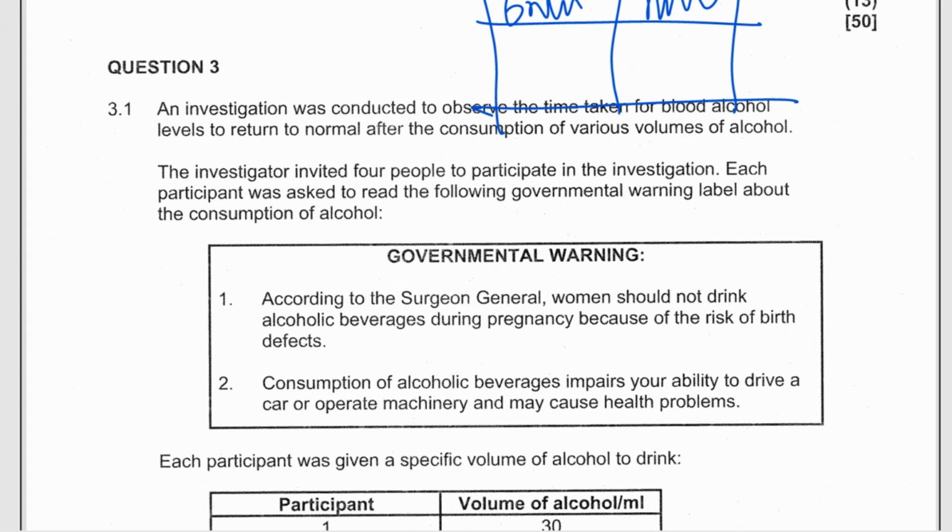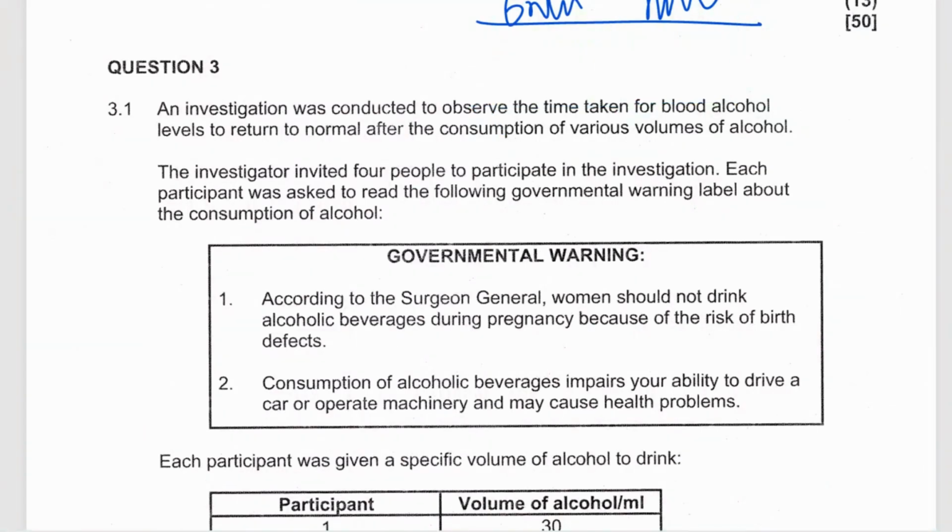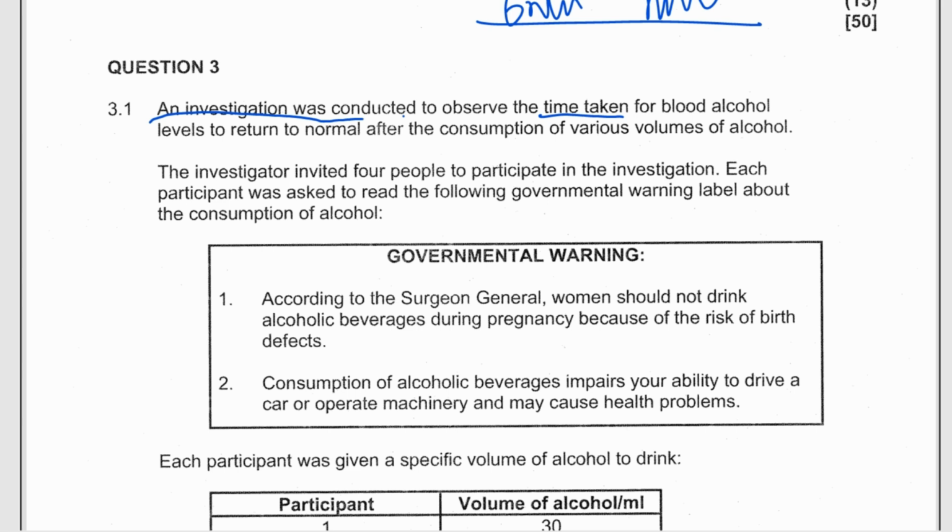They're saying an investigation was conducted to observe the time taken for the blood alcohol level to return to normal after consumption of various volumes. So the time taken will depend on how much alcohol you have consumed, meaning the time is dependent on the volume consumed.